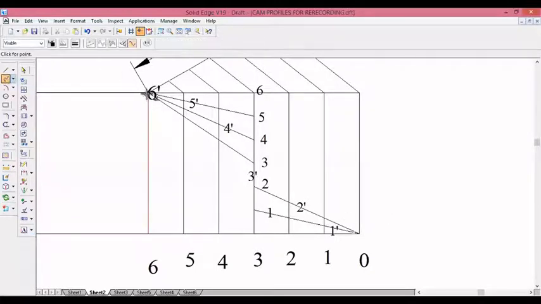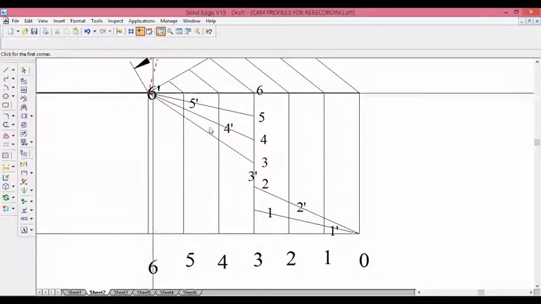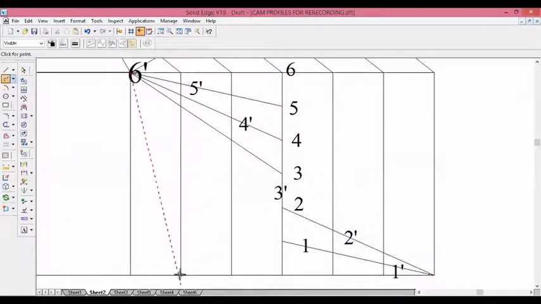Take a pencil, join this with a smooth curve, join 6 dash to 5 dash, so 5 dash is this intersection. See, 5 vertical line and 5 intersection, this intersection is the 5 dash, this is 4 vertical line, 4 intersection, 3, 2 intersection is here, 1 back to 0.